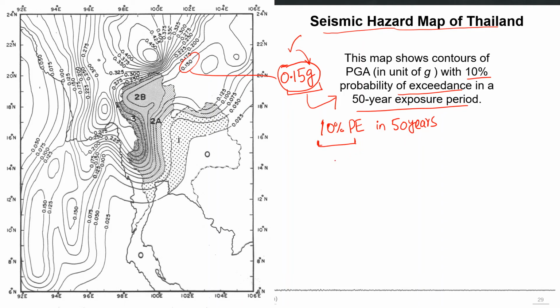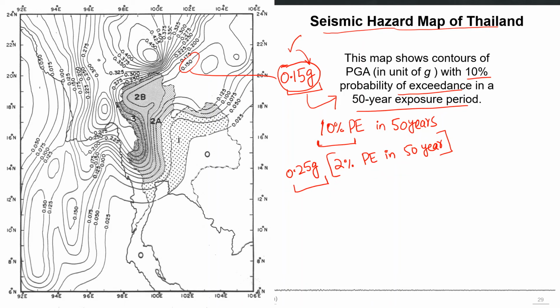If you change your hazard definition to, for example, 2% probability of exceedance in 50 years, for the same site the number will be higher, maybe 0.25 G, because you have redefined your seismic hazard such that the number indicating your acceptable risk is low. You are saying that you want a number such that in the next 50 years there should be only a 2% chance that an earthquake causing more than this should occur.